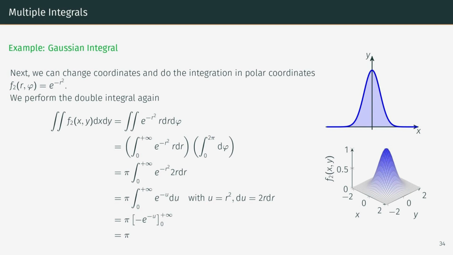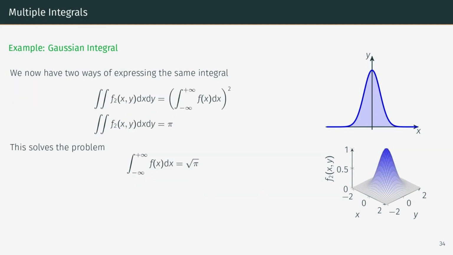Using substitution with u equal to r squared and du equal to 2r dr, we get pi times the integral of e to the negative u du from 0 to infinity. Solving the integral, we get pi times negative e to the negative u power from 0 to infinity, which gives us the answer, which is just pi.